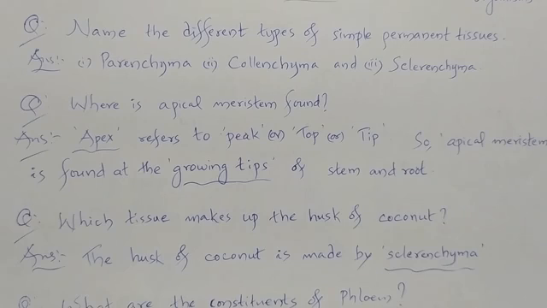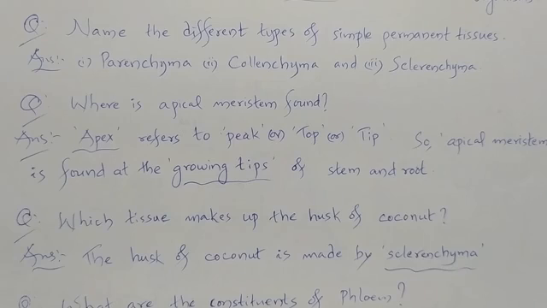Okay. Next question. Which tissue makes up the husk of coconut? The husk of coconut is a very strong, rock-like thing. In order to provide that much strength, if living cells like parenchyma or collenchyma were present in that husk, then it could not be so strong.